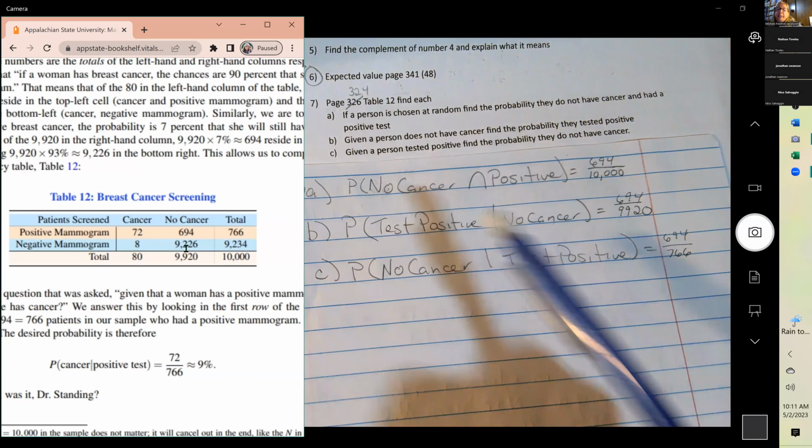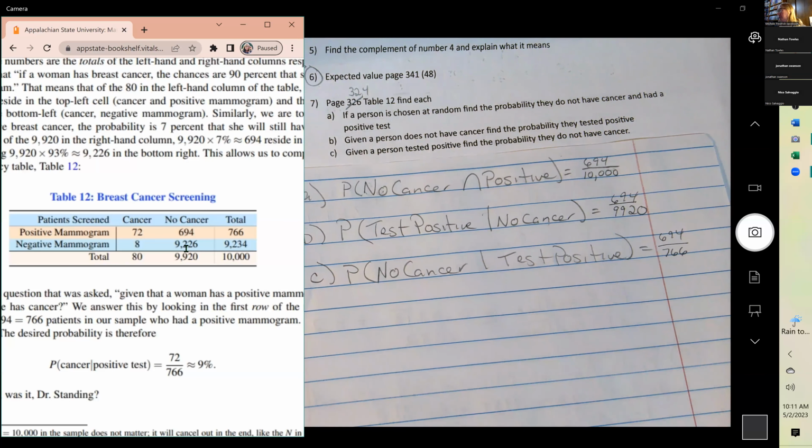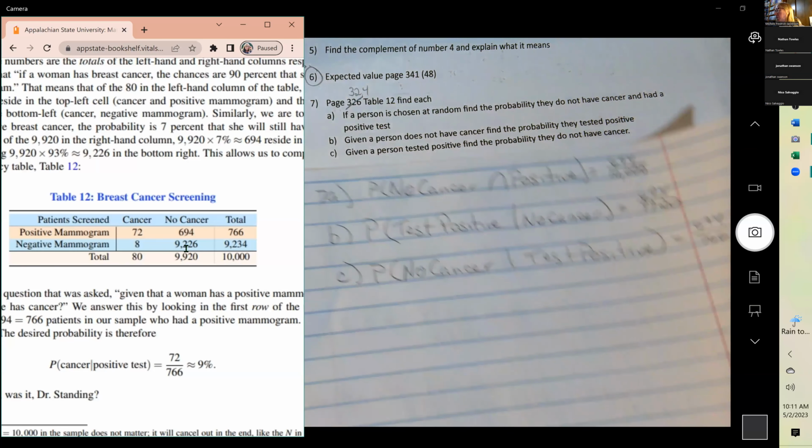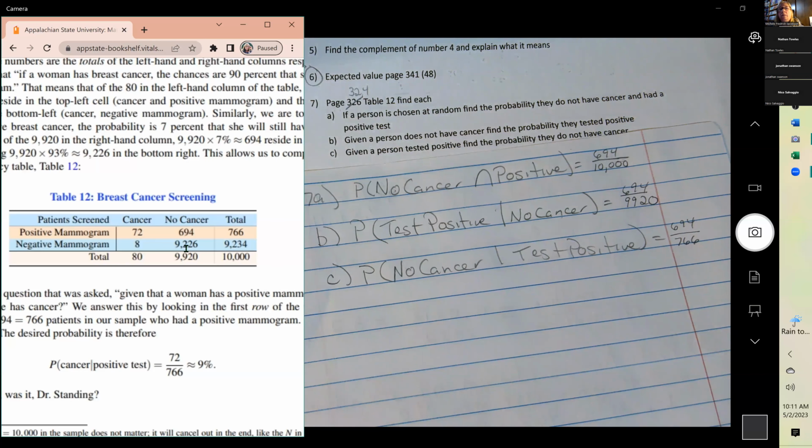But probabilities, unless it specifies, you can leave the fraction. And you don't have to reduce. Any questions on that part? 7A, B, and C. Do you need to try more probabilities on these? Or are we good? Okay.